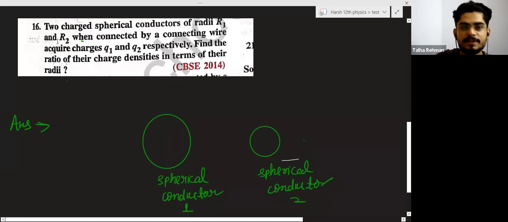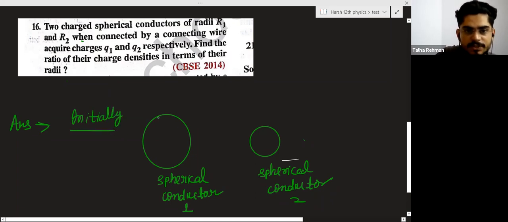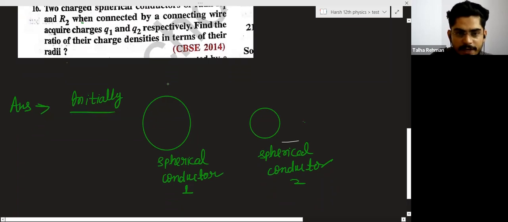Now they are saying initially they have some charges, but they are not connected with any wire. Suppose this has a charge of plus q1 and this has a charge of plus q2.